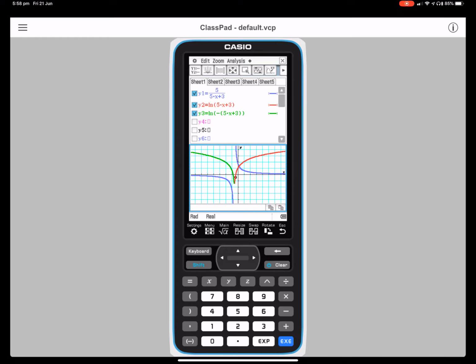So we've got the area. So the integral for this function here is the green graph. The integral for this bit here is the red graph. So we've got two separate integrals, and we did that by making this negative and leaving that as positive. So it allows us to find the area under the curve using these integrals.